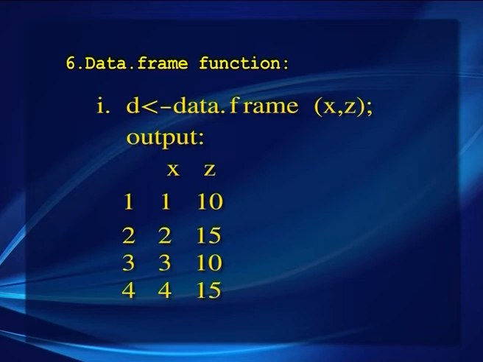The output would be, in the first column, the serial number 1, 2, 3, 4, and the next column would represent the x entries, again 1, 2, 3, 4, and the next column would output the z entries 10, 15, 10, 15.